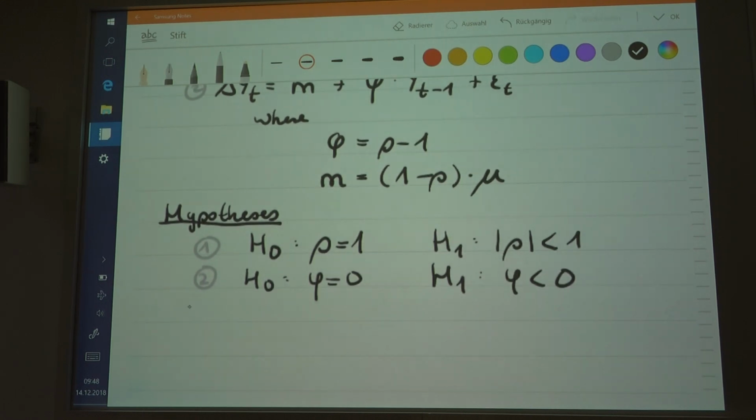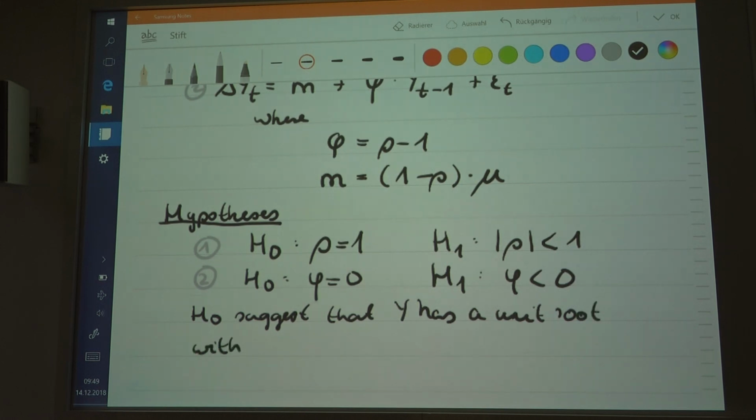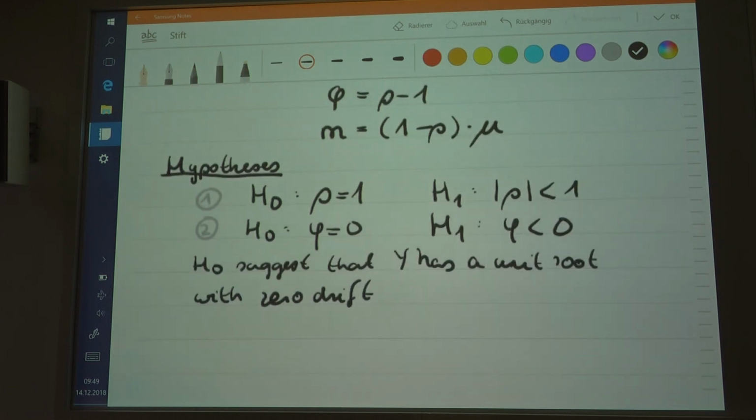Here, the null hypothesis suggests the same thing, that the process has a unit root with zero drift. So that's going to be the same. And the alternative hypothesis suggests the following.